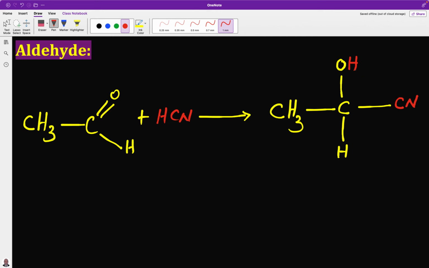So there is the hydrogen which is here, and this is the cyanide which is here. The mechanism will show you how the negative ion is formed and how the negative ion will now pick up the hydrogen ion to form the nitrile, the hydroxynitrile.